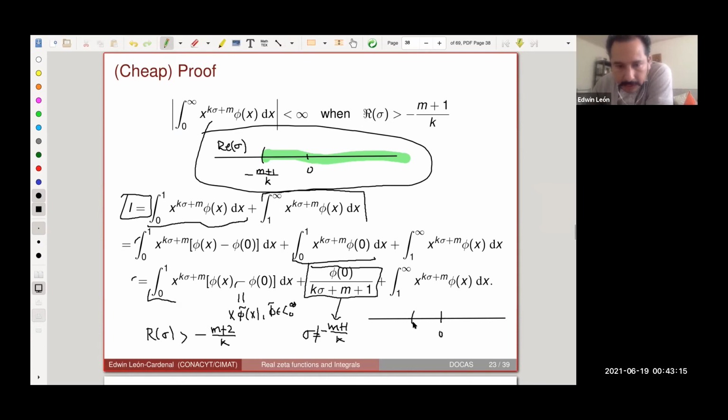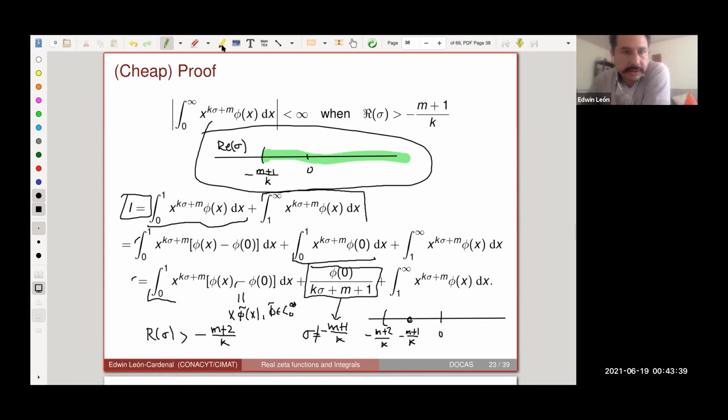Here is 0. Here is minus m plus 2 over k. And there is a problem here at minus m plus 1 over k.